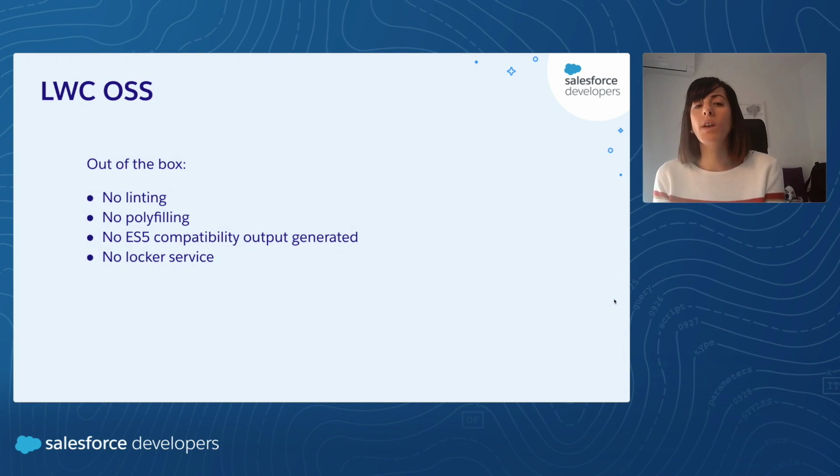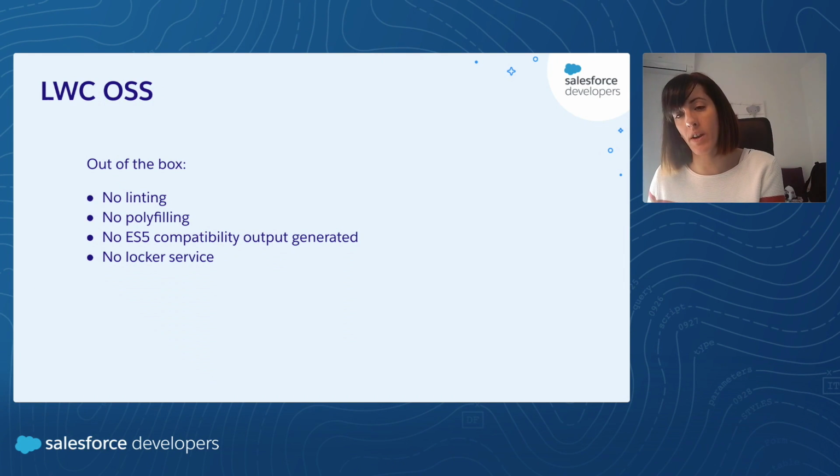If we think about Lightning Web Components open source, there are some details to bear in mind. First of all, when you compile your Lightning Web Components application locally, we don't perform linting or polyfilling. Polyfilling doesn't happen on compile time.